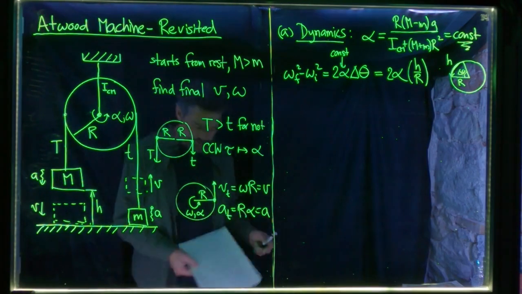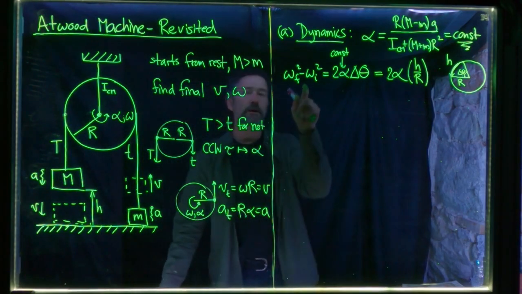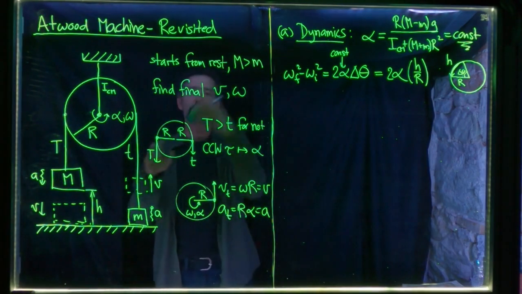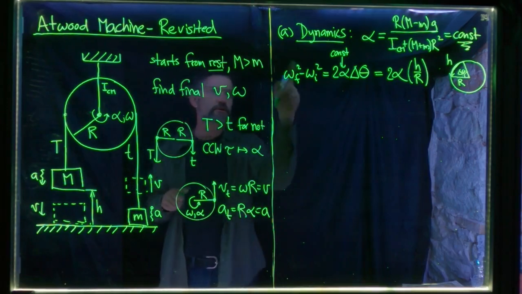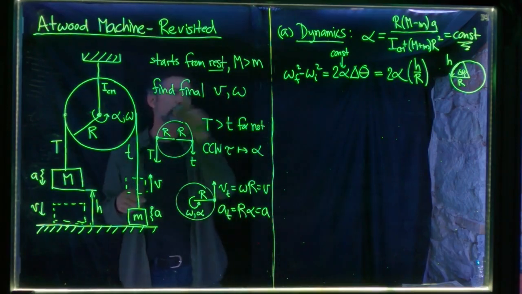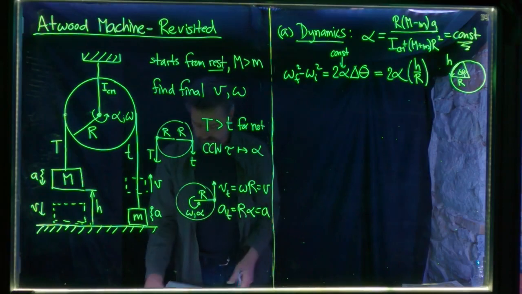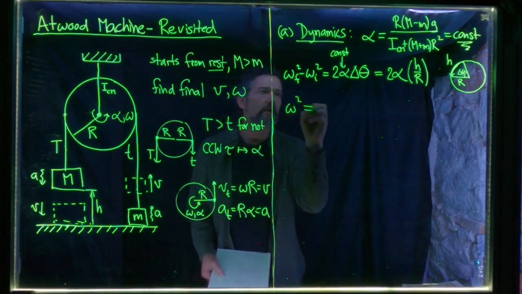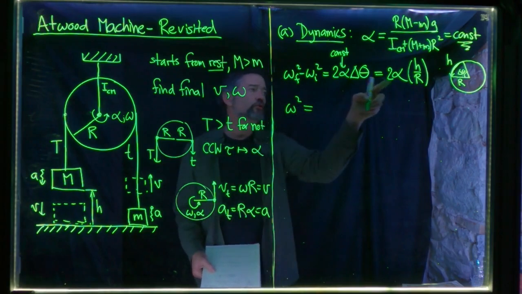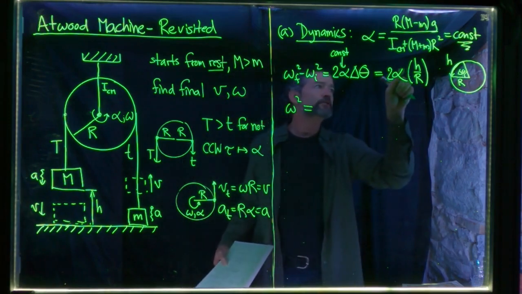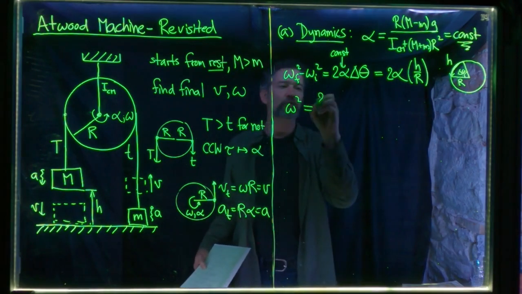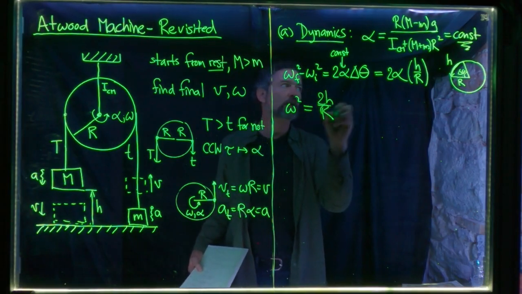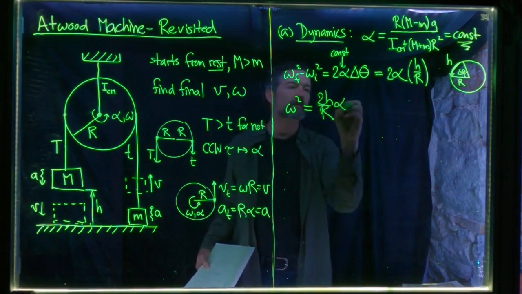And what else? So in this formula here, omega initial is 0, we start from rest. And what we're looking for is omega final, which we just called omega. And so what this tells us is that omega final squared is just equal to 2 times h over r, so 2h over r times this alpha.